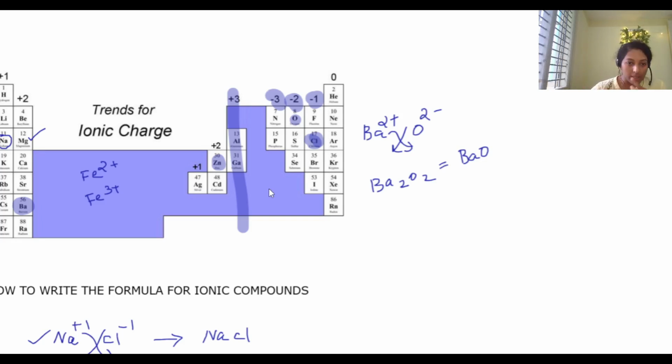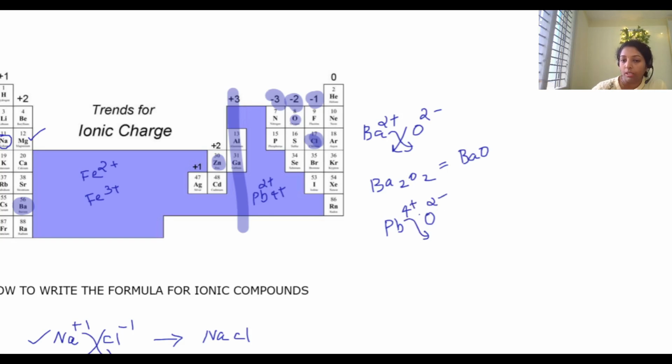Okay. Similarly, lead. Lead is here, in the carbon family. So lead can do Pb 2 plus as well as Pb 4 plus. That's why we didn't show it here. Suppose it is 4 plus and oxygen, lead oxide may be formed. So Pb 4 plus and oxygen is 2 minus.